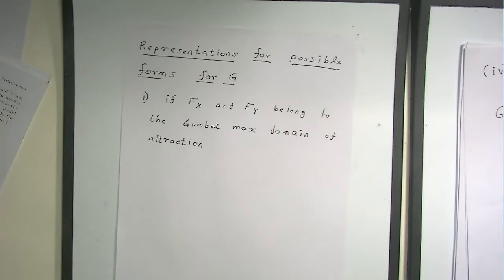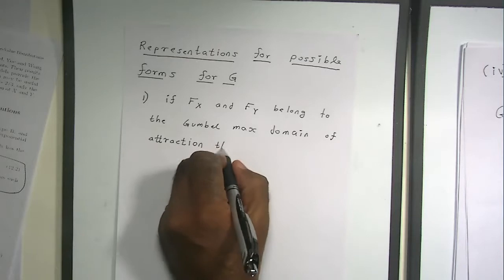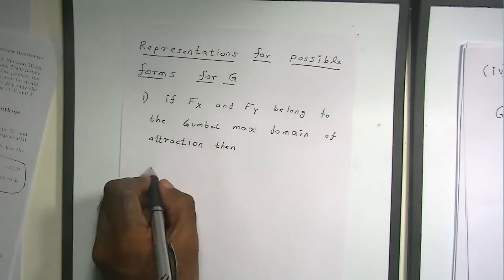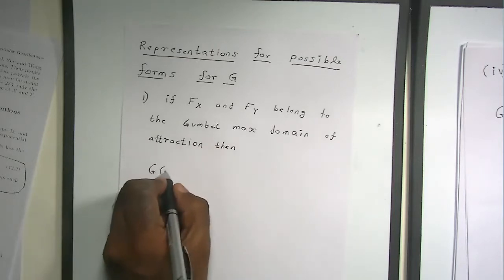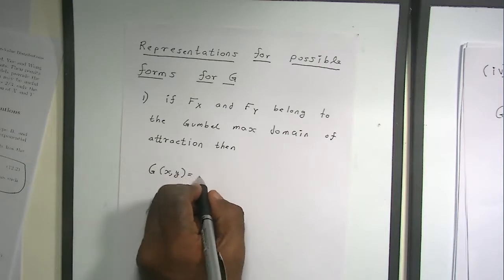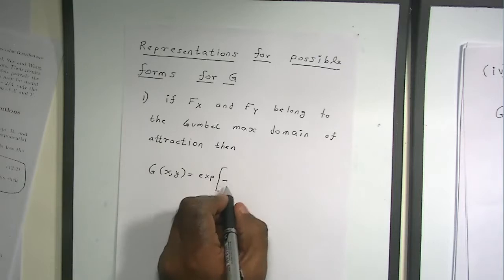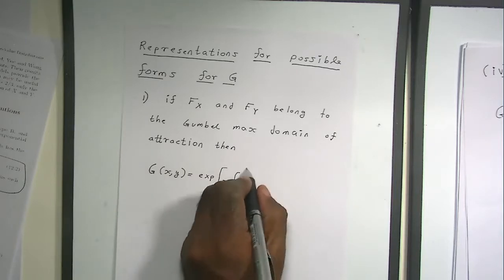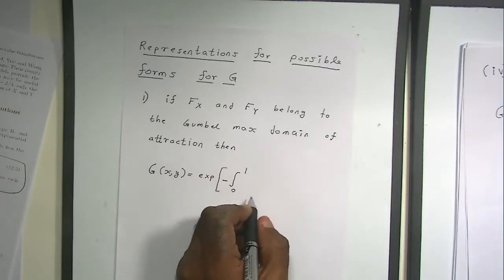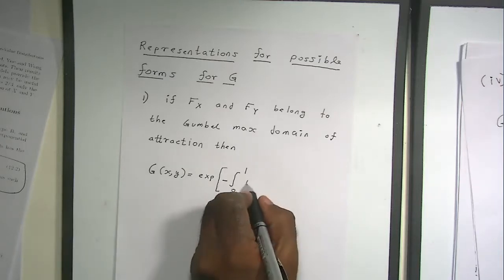So if they both belong to the Gumbel max domain of attraction, then g of x comma y, the possible forms for g of x comma y can be represented like this.